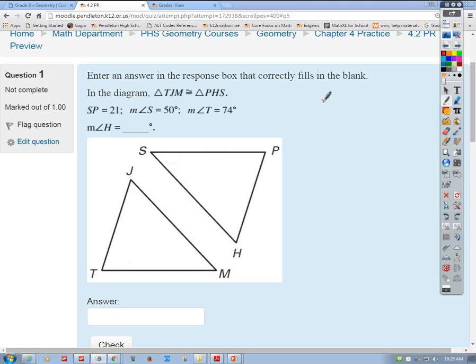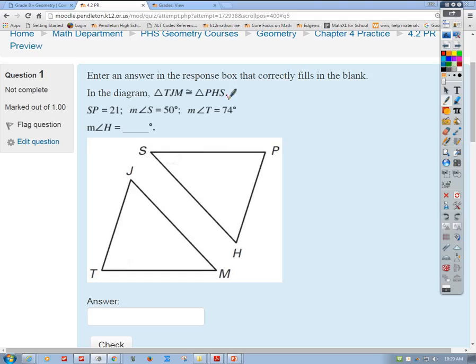If I wanted to say that angle T and angle P are congruent, I could say angle T is congruent to angle P, or angle JTM, or angle MTJ. There's lots of different ways I could say it, and they'd all be right. With triangles, it has to be way more specific, because we have to line up the corresponding vertices or angles.